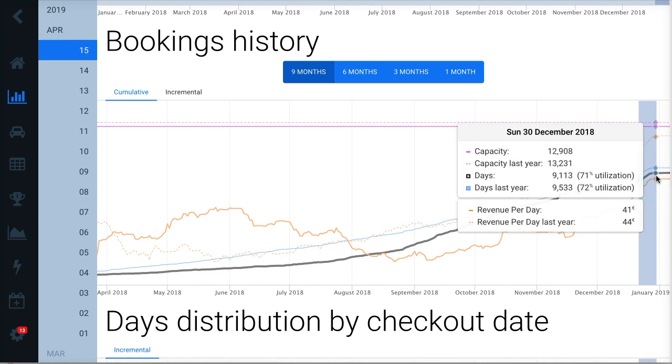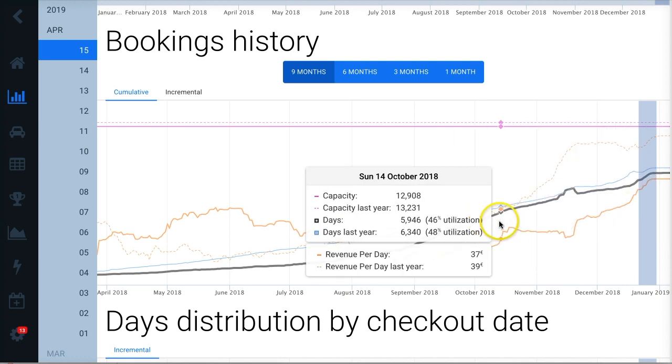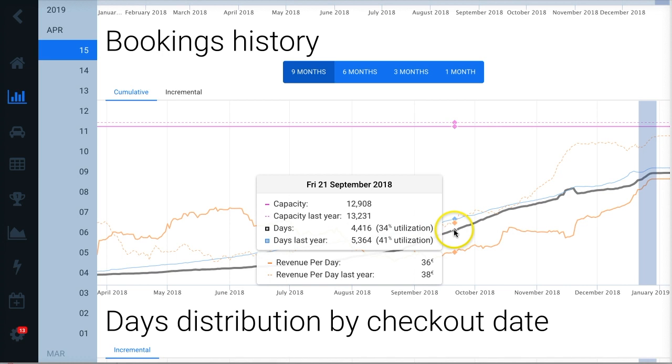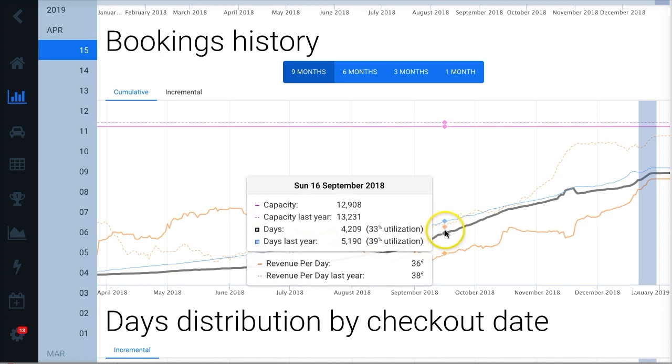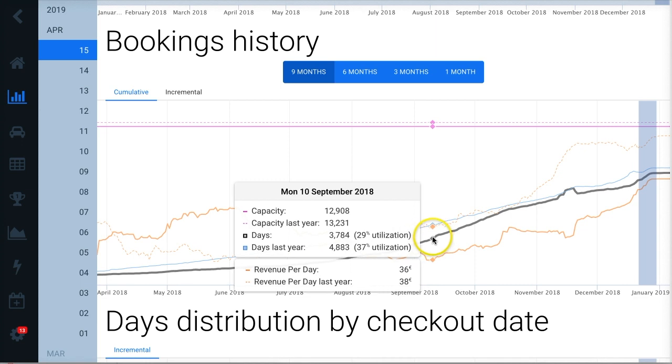I went at 71% versus 72% the year before, with a little bit less fleet, about 300 less, but 4 euros less in terms of quality of revenue. And apparently my demand was always late, since a lot of time, as you can see, my black line is below the blue line.